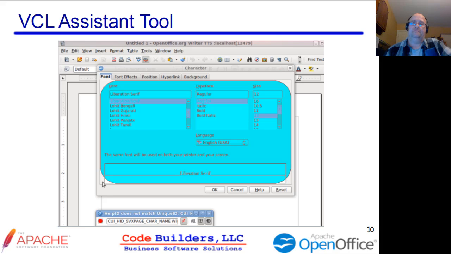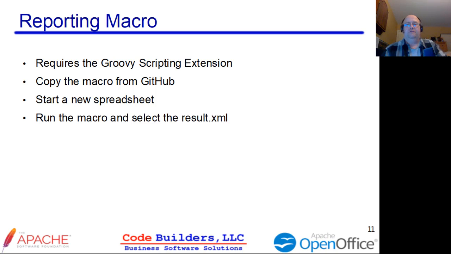And then the last thing I wanted to touch on is the reporting macro I told you about. So there's a requirement to doing that, and I'll show you the demo of it. But it requires the Groovy scripting extension. If you caught my talk from last year, I talked about adding Groovy as a macro language to OpenOffice via an extension.